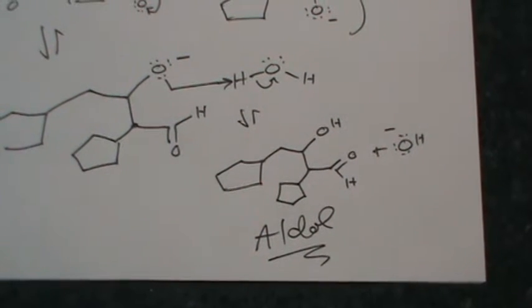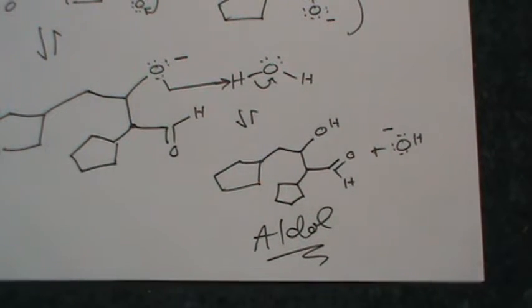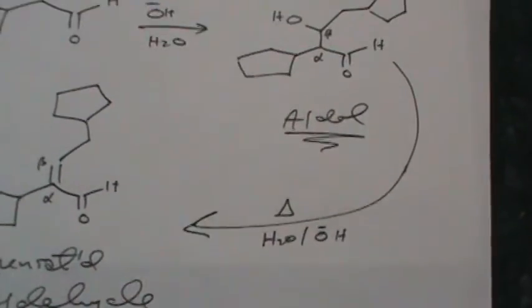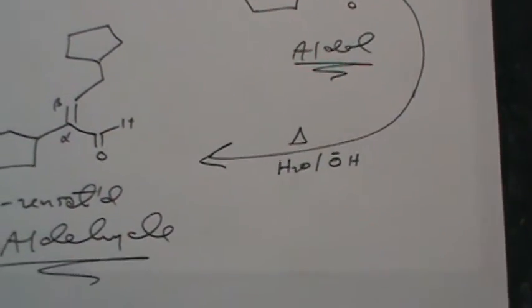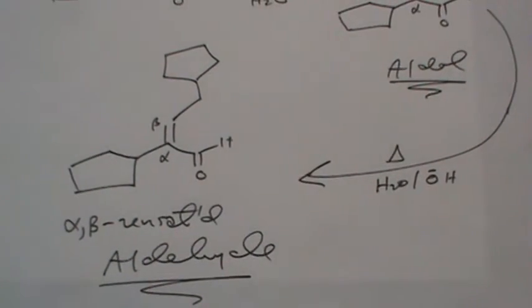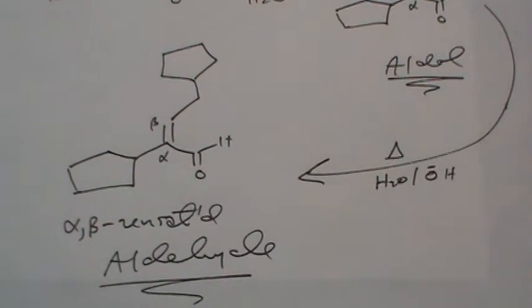So there's the mechanism for formation of the aldol. Let's continue. Remember, we wanted to not just show formation of the aldol, but then we wanted to show how it, under more forcing conditions, produces the alpha-beta unsaturated aldehyde.